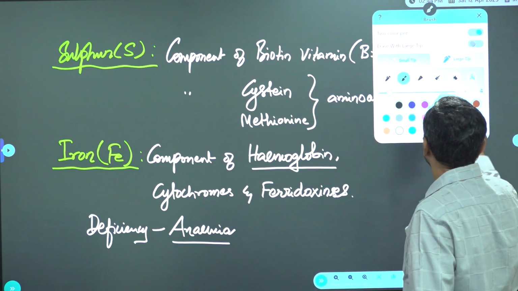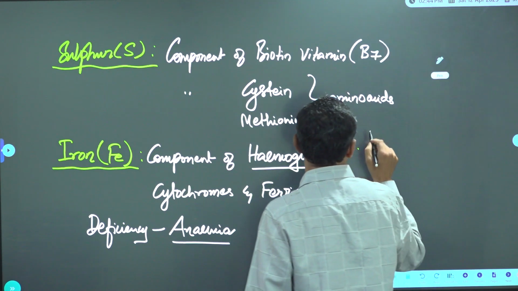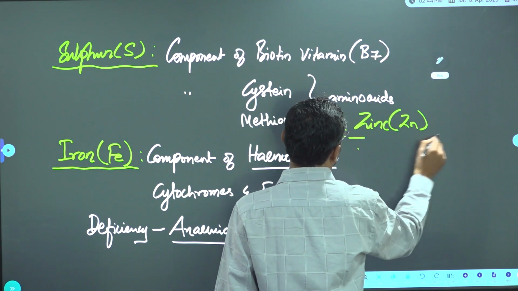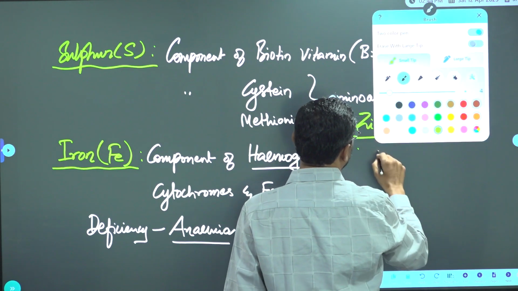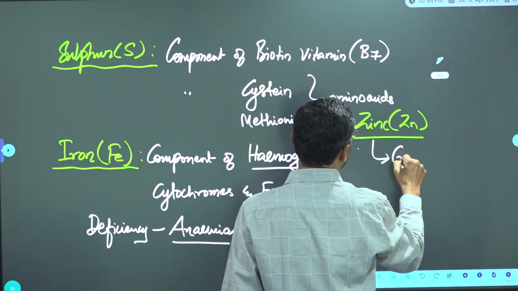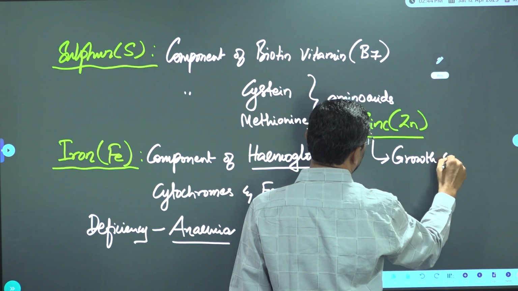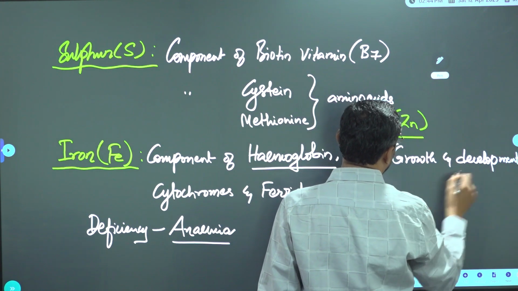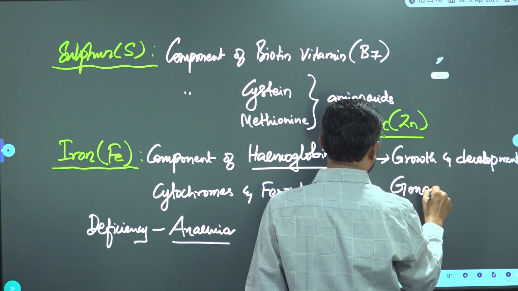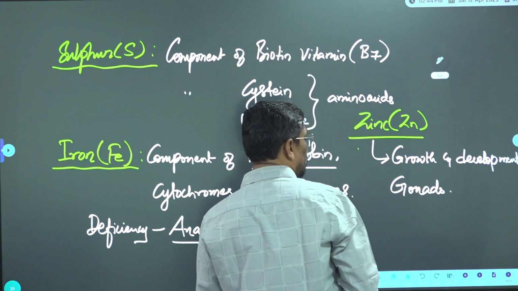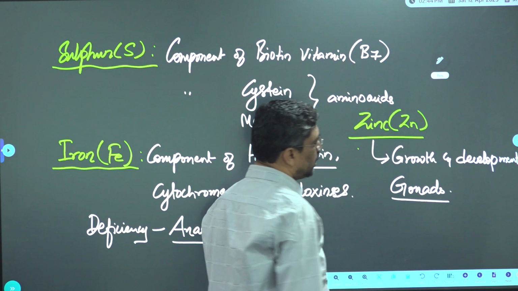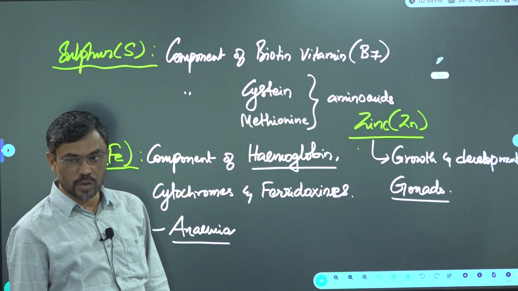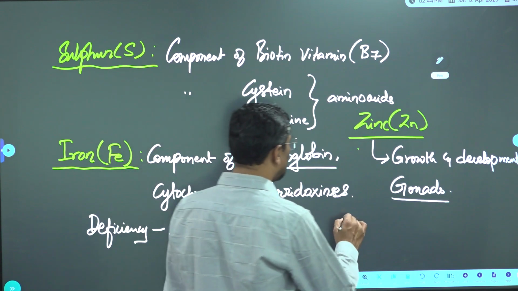Next, zinc. It is required for growth and development. Particularly, it is required for the development of gonads. Gonads means reproductive organs.